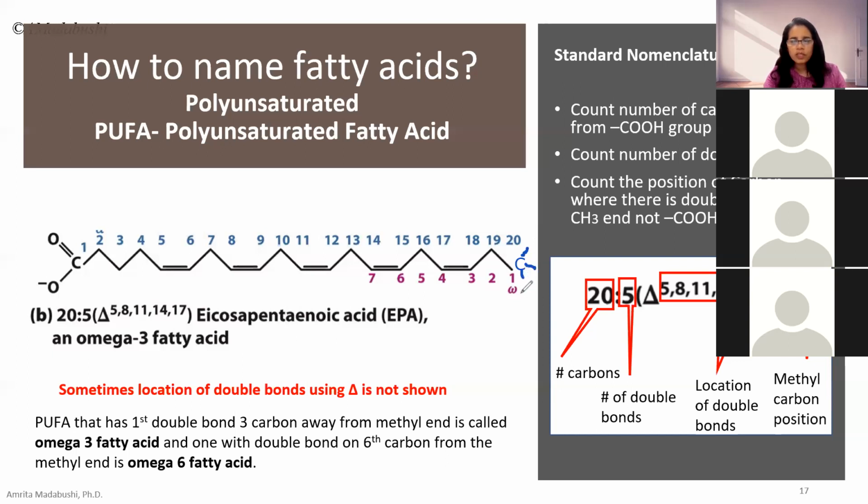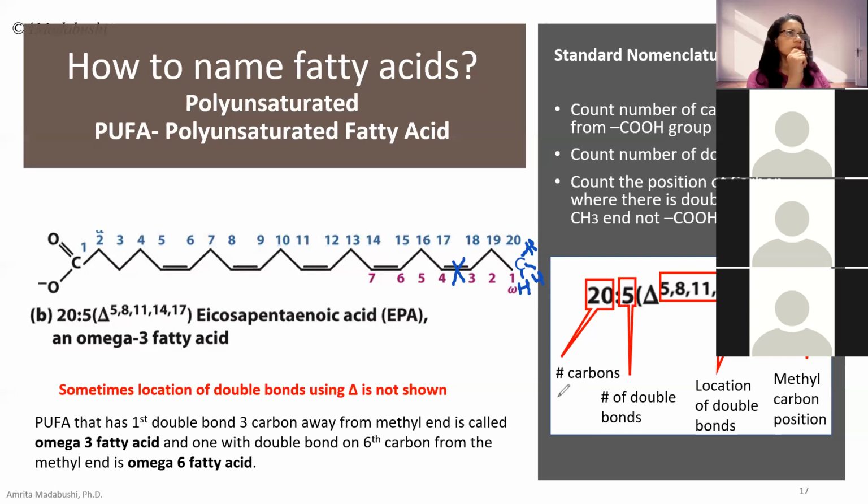This is not methane, methane is CH4, but methyl is CH3. So when you're counting from the methyl position or this farther end, the first double bond that you see makes it the omega-3 because it's on the 3rd position. If this was not the first double bond, and this was the first double bond, you'll just call it an omega-6 fatty acid.